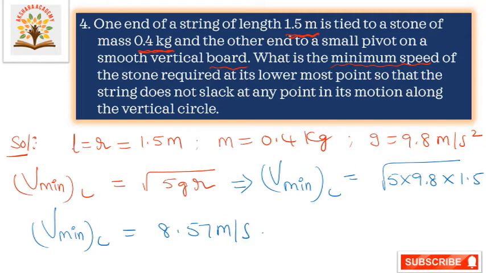Now this is the minimum speed of the stone required at its lowermost point. Okay, V minimum is equal to 8.57 meters per second. Okay, now let us go to the next.